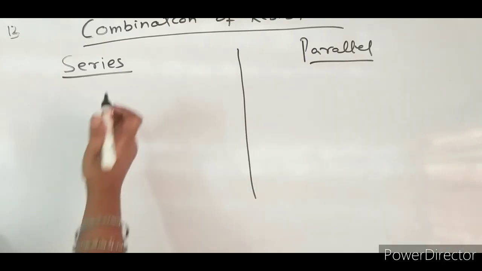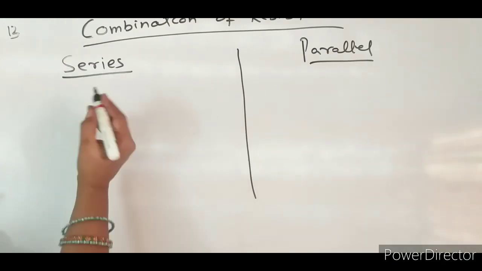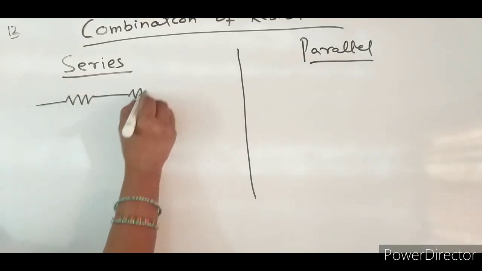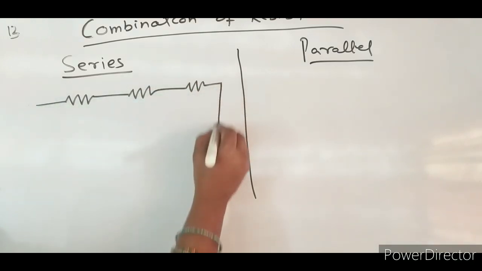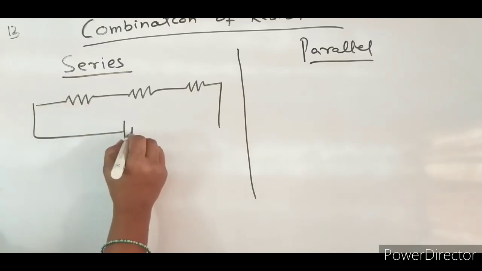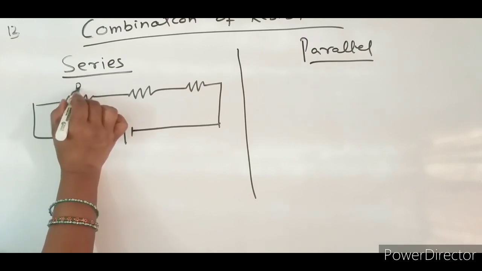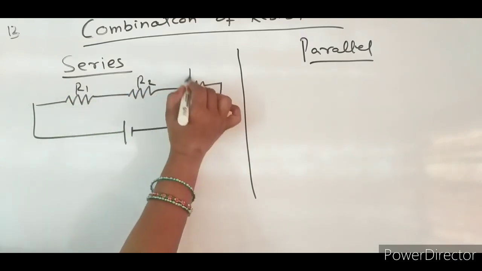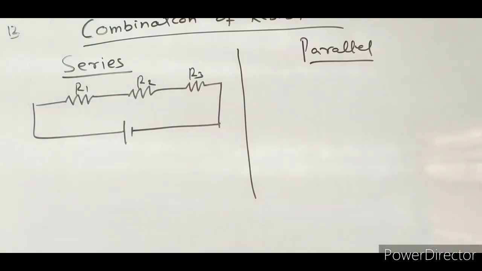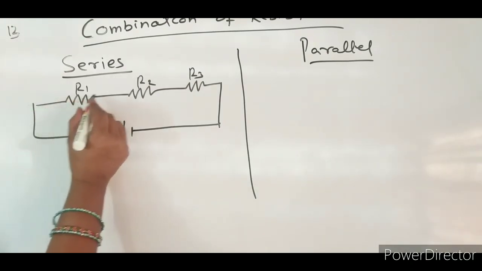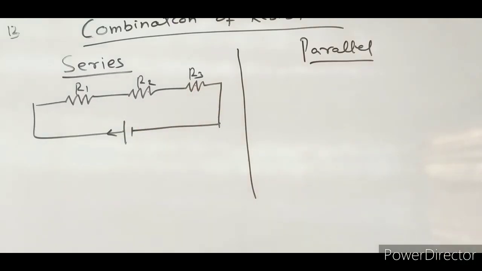Okay, in case of series connection, let it be this one. Let this be R1, this R2, this R3. Current flows from this side, passes through R1, then goes to R2, then goes to R3, then comes again to the cell.